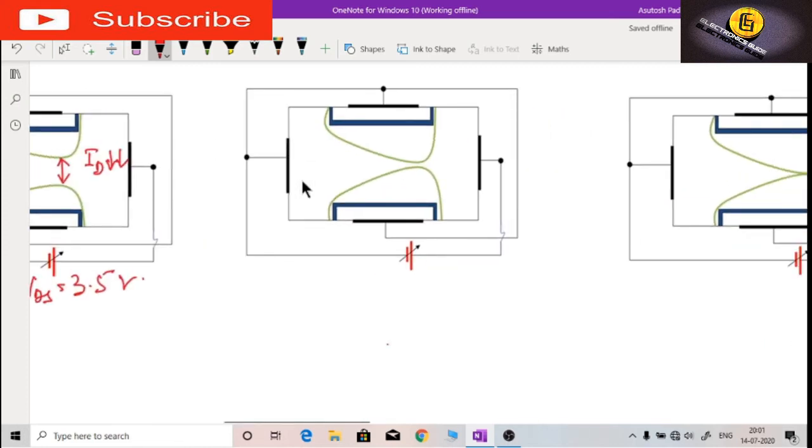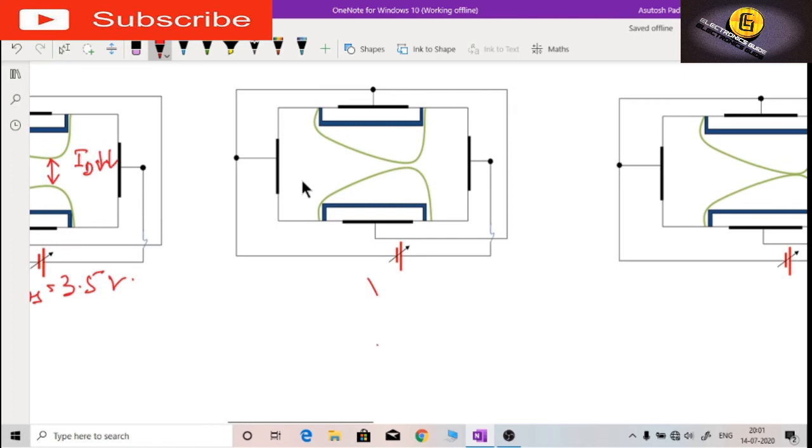When we further increase the VDS value, ID value is further reduced and the channel width is now narrower. This is the minimum width of the channel.